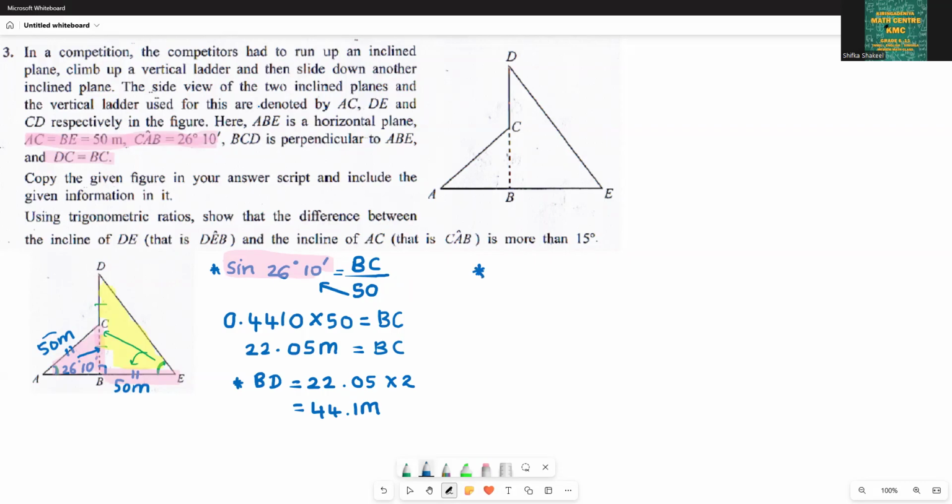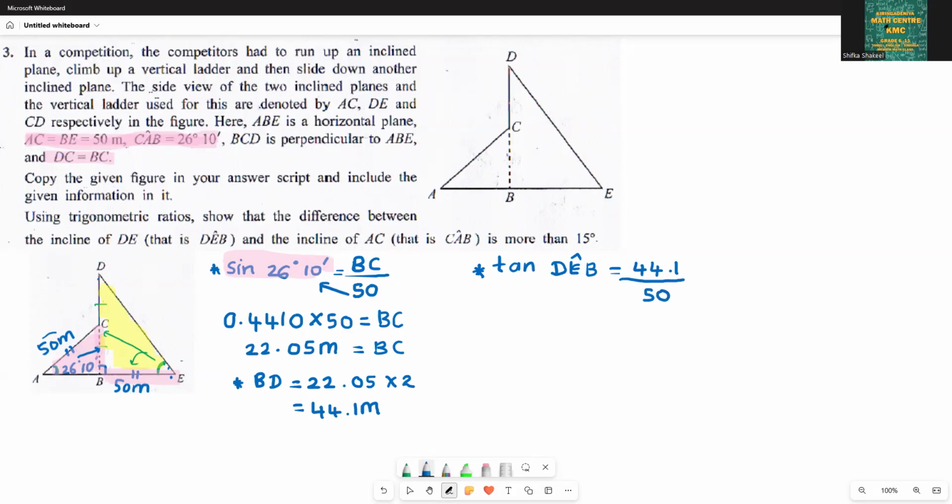So tan of the angle, the angle is DEB. Tan DEB equals, the tan formula is opposite over adjacent. Opposite side is BD, that is 44.1, over the adjacent side, 50.